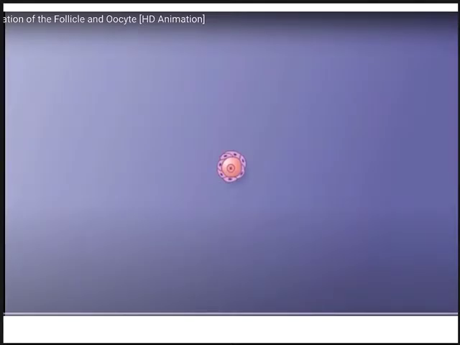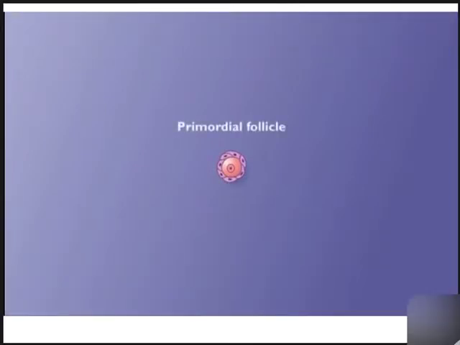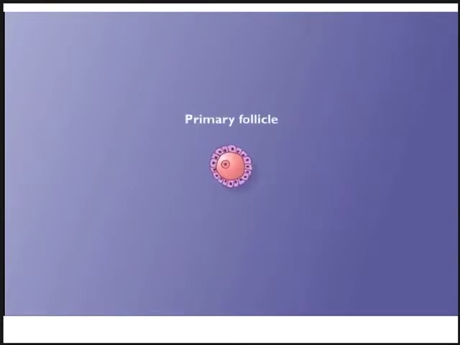Okay, one more short video on maturation of the follicle and oocyte. A primordial follicle consists of an oocyte surrounded by a single layer of squamous granulosa cells. A primordial follicle becomes a primary follicle as the granulosa cells become enlarged and cuboidal.